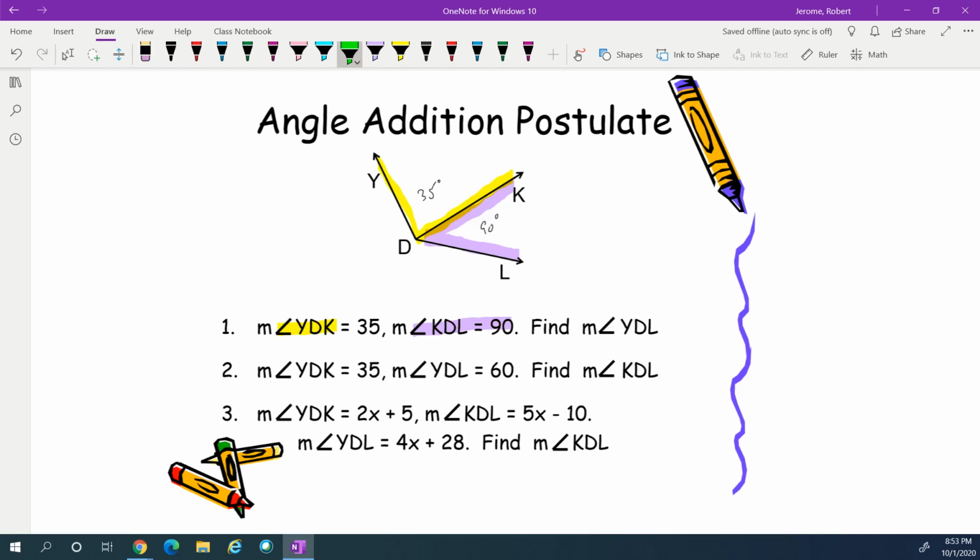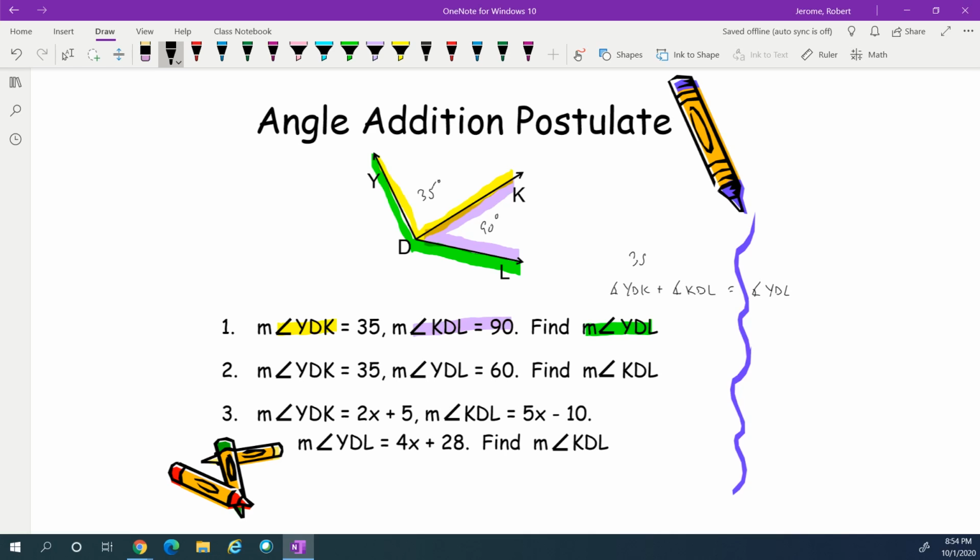We're asked to find YDL. Well, look at it. The yellow plus the purple equals the green. And we can certainly write it out. Angle YDK plus angle KDL equals angle YDL.